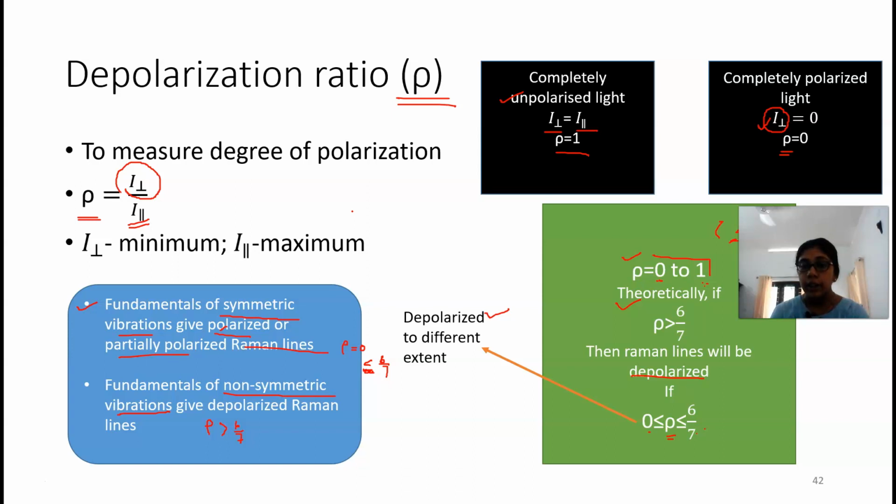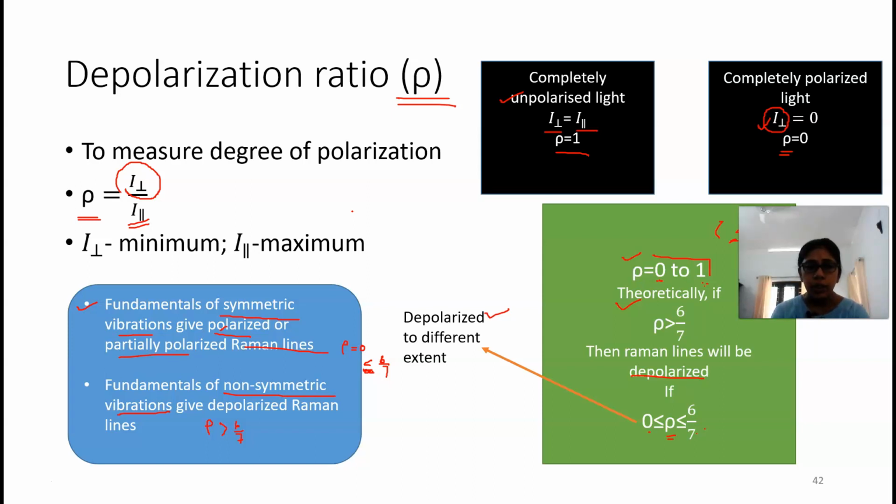And theoretically, if rho value is greater than 6/7, we say that is depolarized light, and if the value is between 0 to 6/7, we say it is depolarized to different extent, and if it is 0, we say that is completely polarized light.